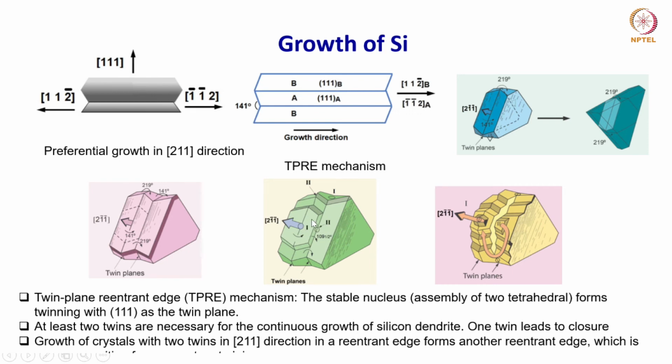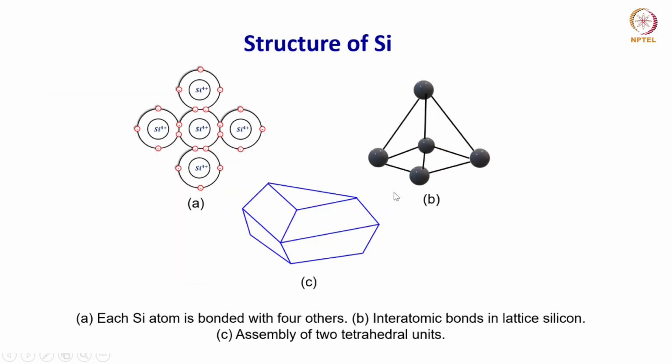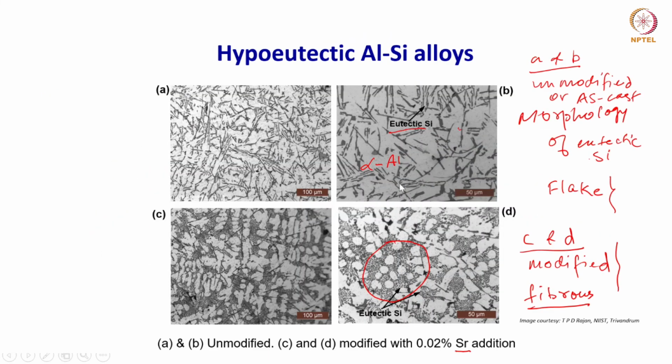That is how this grows in a particular direction, and that is exactly why you see that kind of morphology like what you have seen here, right? This kind of flaky morphology, because it has grown in a particular direction.